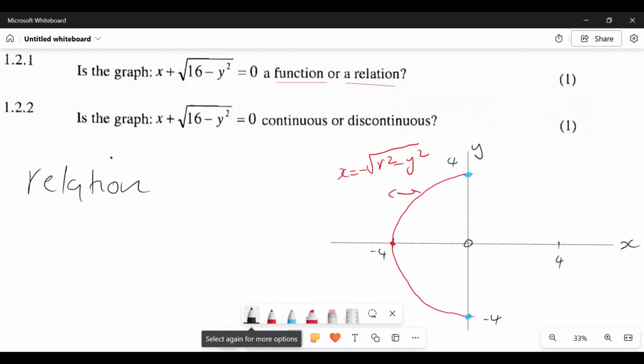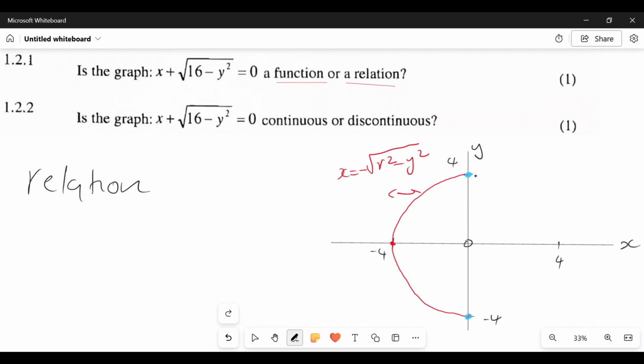Now 1.2.2, the question goes like this: is the graph x plus root of 16 minus y squared equaling 0 continuous or discontinuous? So the question is asking, is our graph continuous or discontinuous? Now, in order for you guys to know which is which between the two, let me first explain what is meant by continuous.